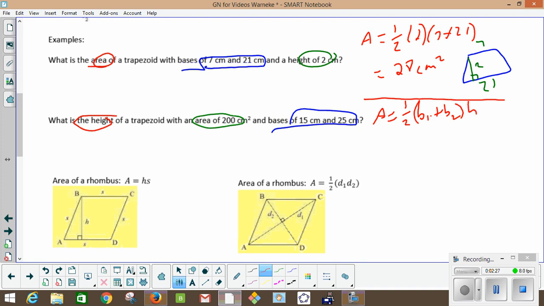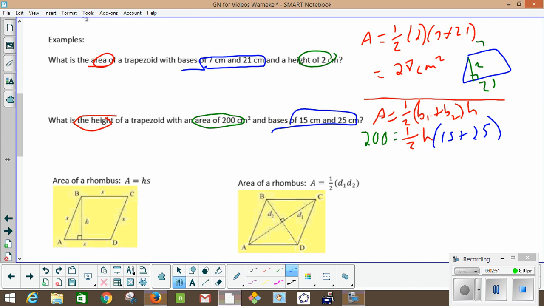And the order of that doesn't matter, but if we plug in what we know, we have area of 200, and we have 1/2. We don't know the height, but we do know the bases, and that is 15 plus 25. So we're trying to solve for h.